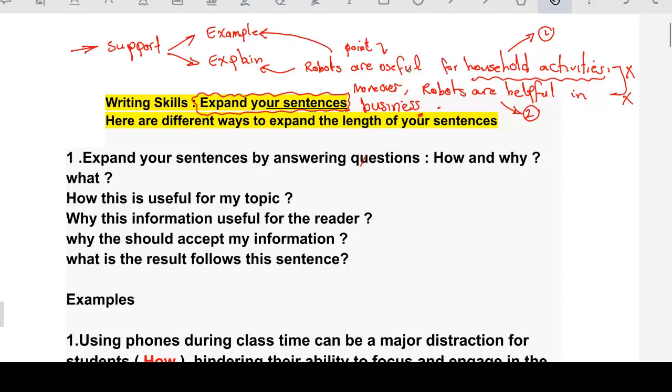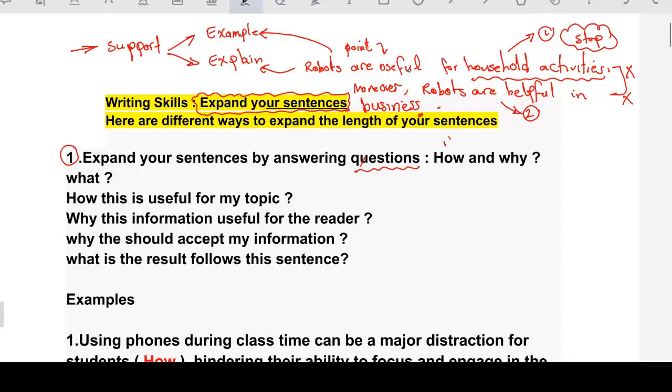Okay, let's answer this point. Expand your sentences by answering some questions. If I wrote this sentence, I should stop here and ask myself some questions. Robots are useful for household activities. Don't write another point. Stop here and ask yourself these questions.